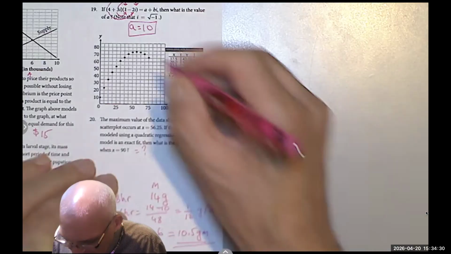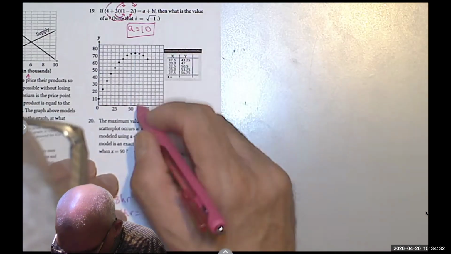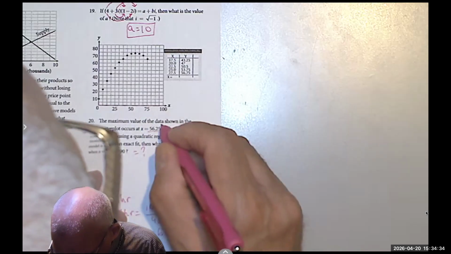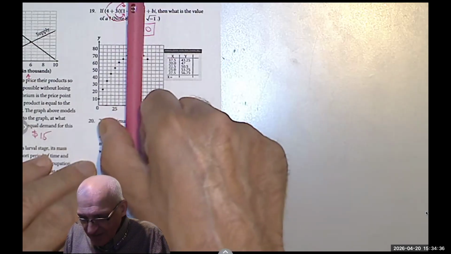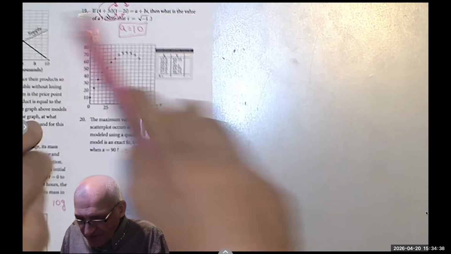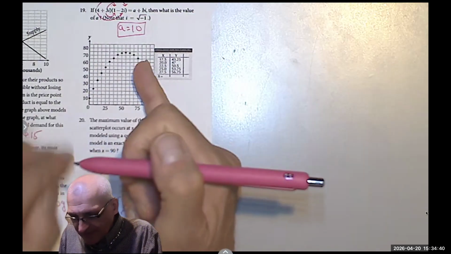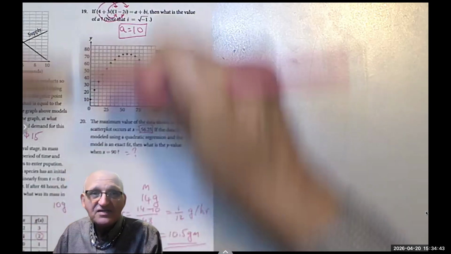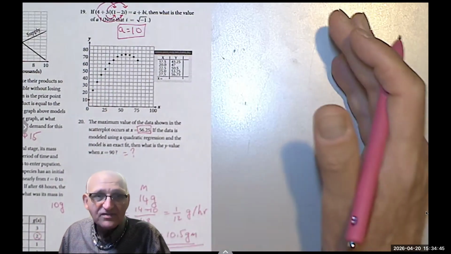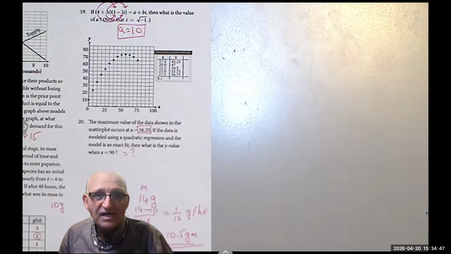Okay, so if x equals 56 and a quarter is the axis of symmetry, then a point, say 1 unit to the right and 1 unit to the left would have the same y value. 5 and 5 will have the same value. 15 and 15 will have the same value.